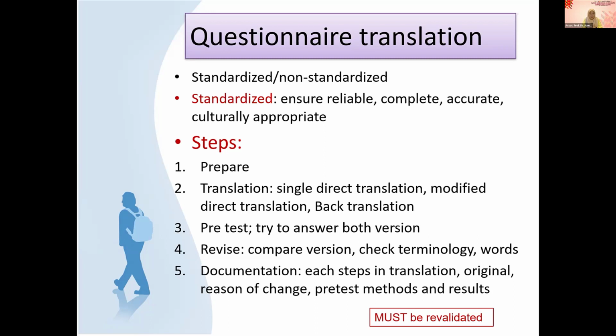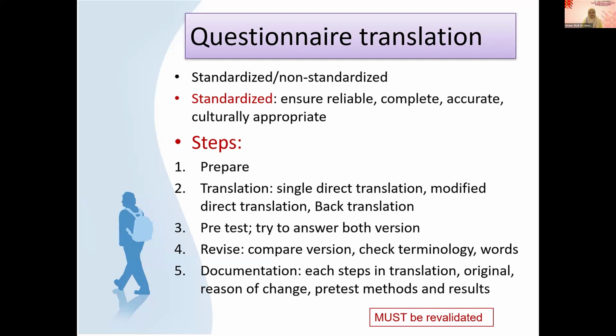Okay, so to translate, basically you can do single direct translation, modified direct translation, or back translation. The best way is actually back translation. Single direct is that you just translate directly into Malay, that's all. Okay, modified direct translation, you translate and you modify a little bit.